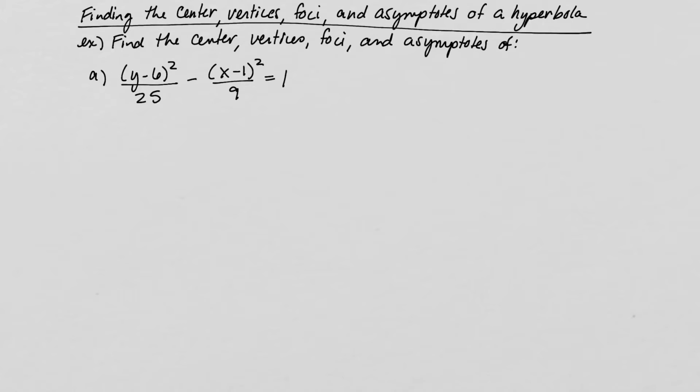If we match this up with the sheet that I have on Canvas, we'll notice that the y part is first. So in my sheet, I say, okay, (y minus k) squared over a squared minus (x minus h) squared over b squared equals 1.